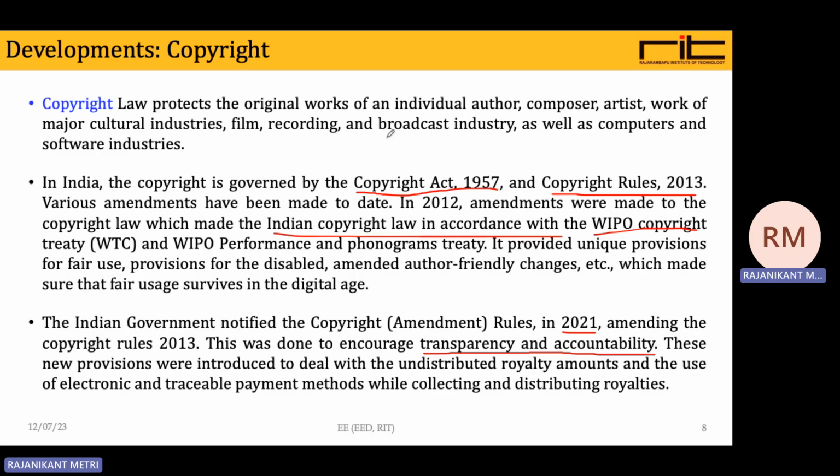So this amendment helps so that the original author or composer can collect the payments which he would have got from the user.